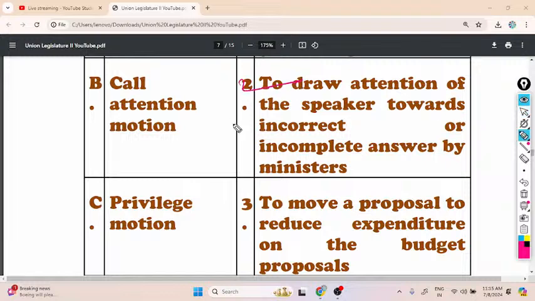So number 2. Privilege means what? If the ministers provide a wrong answer, then it is an offense to the parliament or to the members. If they provide misleading information to the members, then it damages the reputation of the members and also the parliament. Therefore, privilege motion is carried and the minister has to comply. So C is 2.